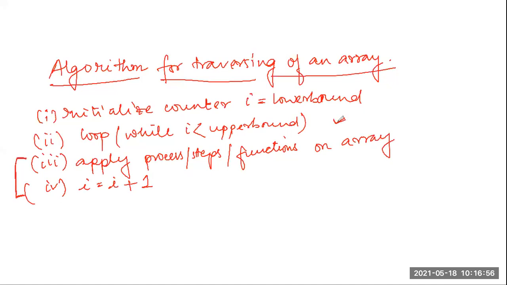When my condition is not met, it will come out of this loop and go directly over here, end the loop. It will go out of the loop and the last step is exit. Isn't it?